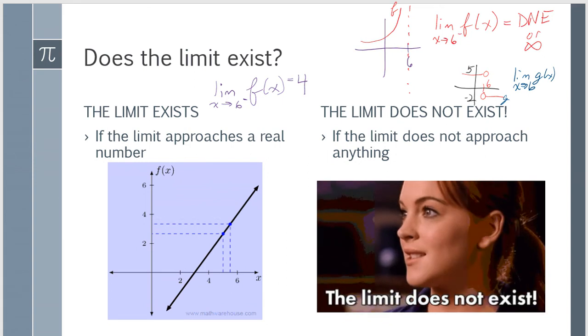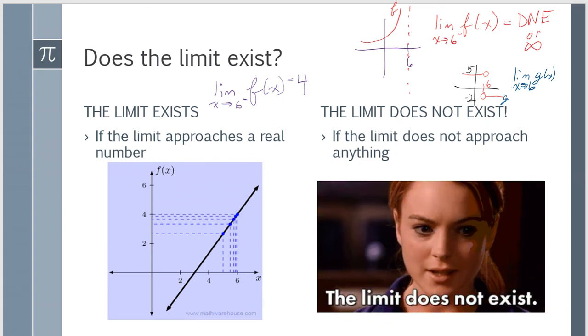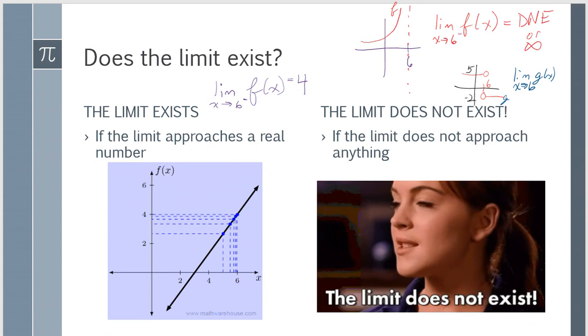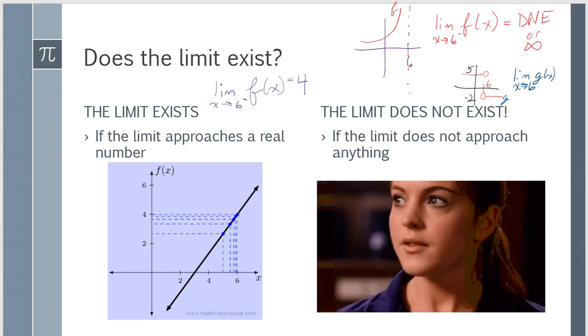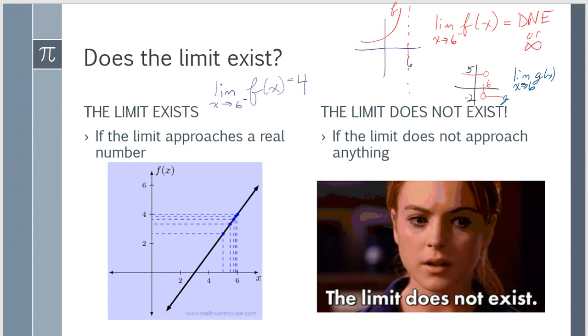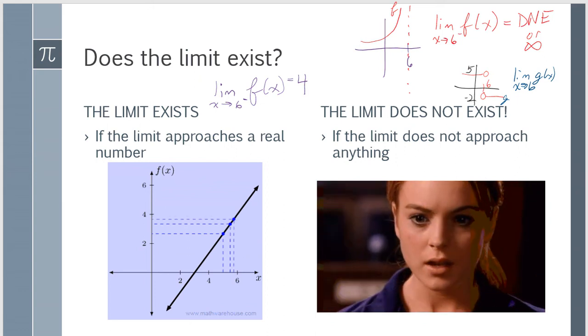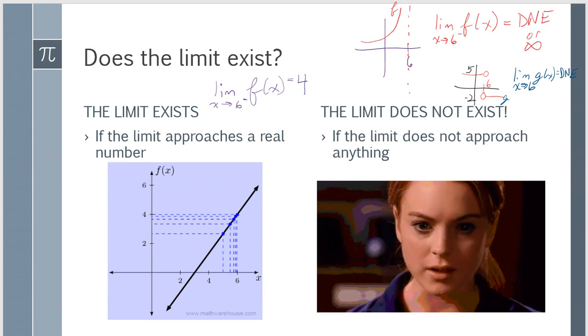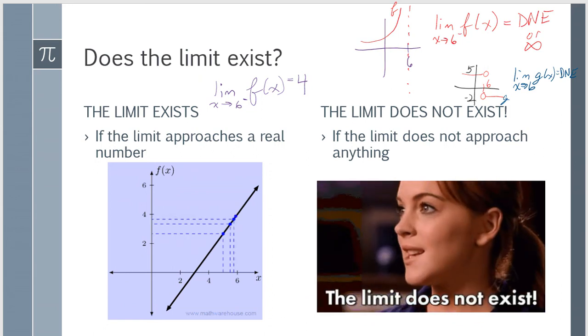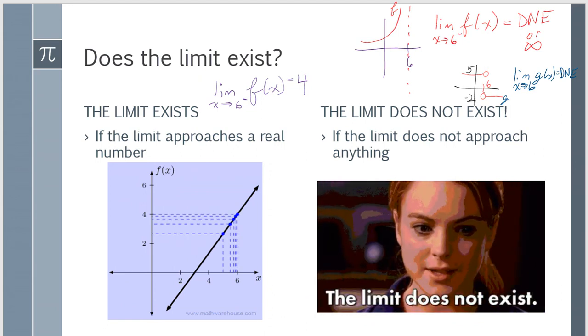For the two-sided limit, the left and right-hand limits need to be exactly the same. From the left, my function has values of 5. From the right, my function has values of -2. Because the left and right-hand limits are not the same, the two-sided limit does not exist. That would be the only reason.